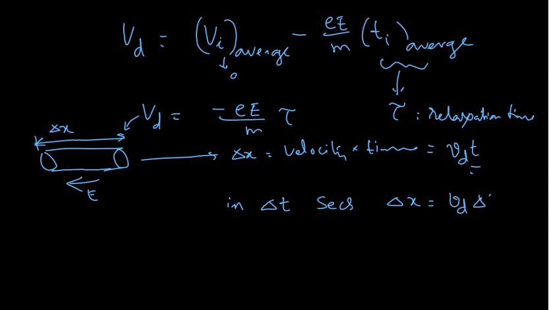Definitely during the delta time there will be some current. Let's say I is a current in that, then I delta t will be nothing but the charge delta q.